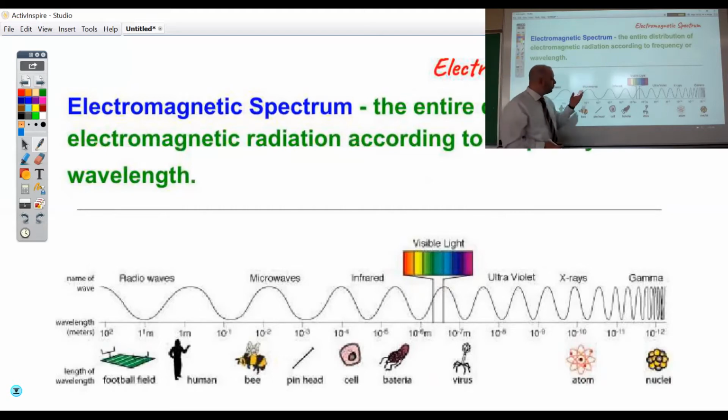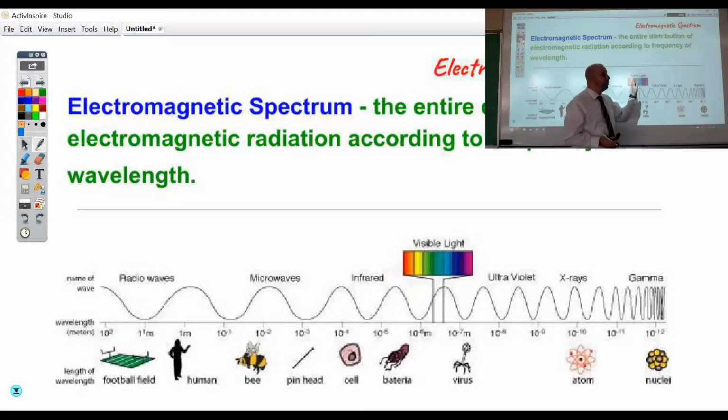Shorter than radio waves are microwaves, and these are on the order of the size of a bee or the size of a pinhead. What we would consider extremely small, but nowhere near as small as we're going to see later on. When we go to infrared radiation, those are even smaller wavelengths. So infrared might be the energy that your remote control uses to communicate with your television set.